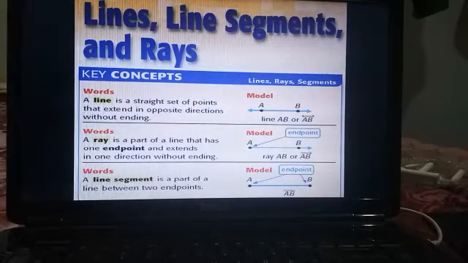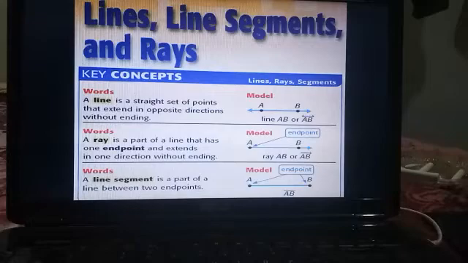The next word is ray. What is a ray? A ray is a part or a portion of a line with one endpoint and extended only in one direction. Means a line has extension in both directions, while a ray has only one direction.